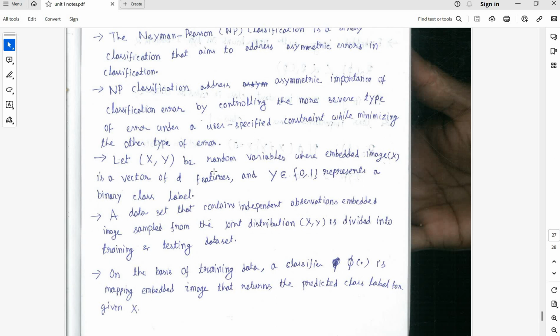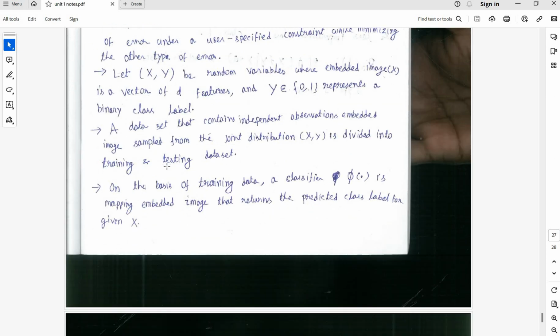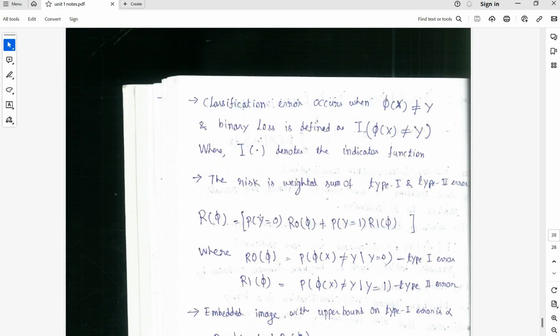Let (X, Y) be a random variable where X is a vector of features and Y belongs to class 0 or 1, representing the binary class label. It is divided into training and test data sets. Phi of dot is the mapping from the feature space to the labels.